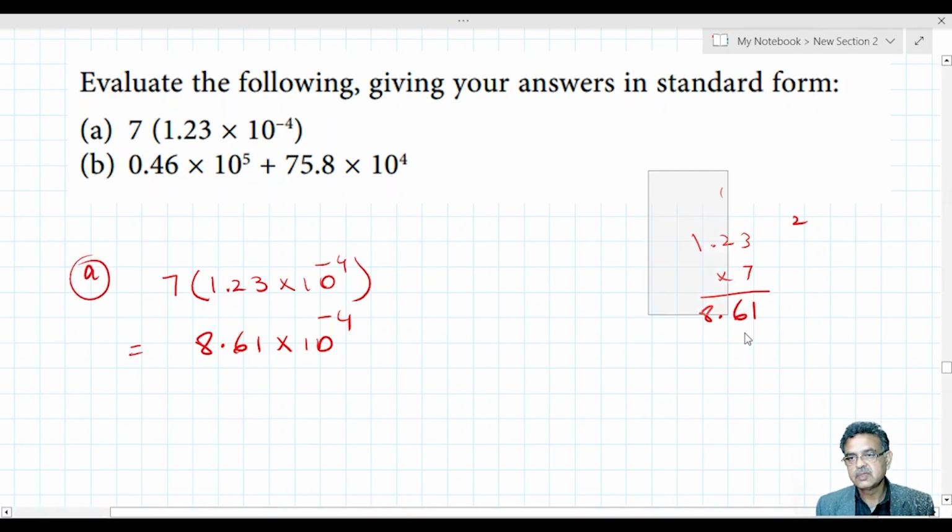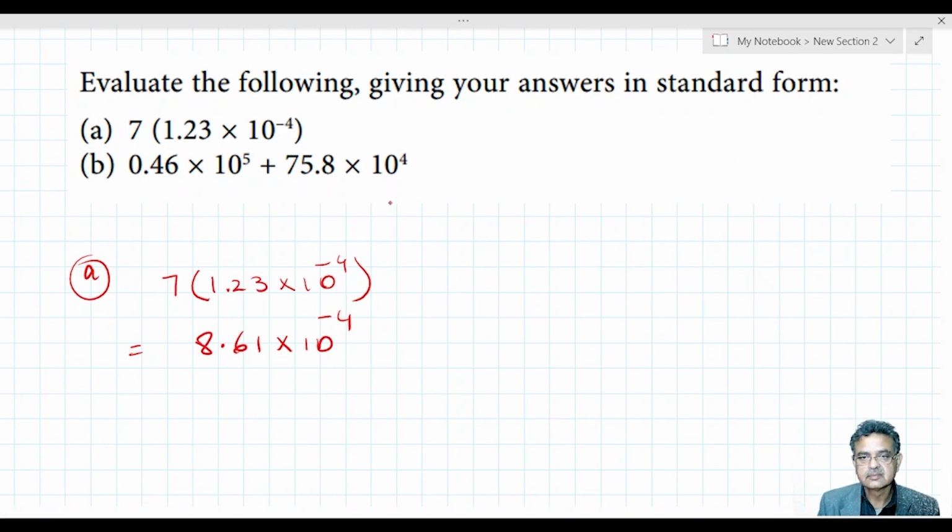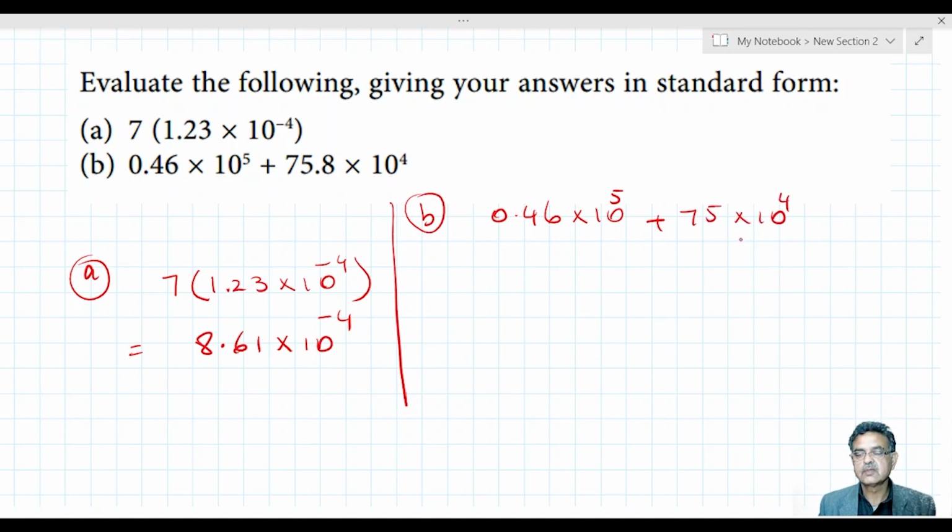And now part B. Part B, 0.46 multiplied by 10 power 5 plus 75 multiplied by 10 power 4.